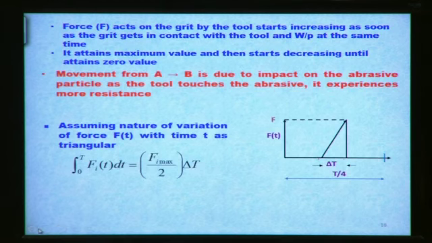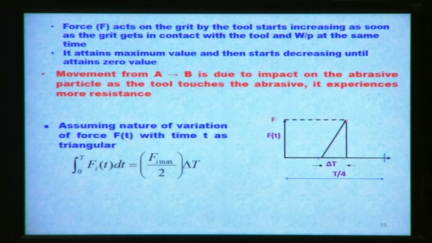So assuming the nature of variation of the force Ft with time t as triangular, the integration of 0 to t Ft dt will be expressed as Fi max, the maximum force, by 2 into del t.